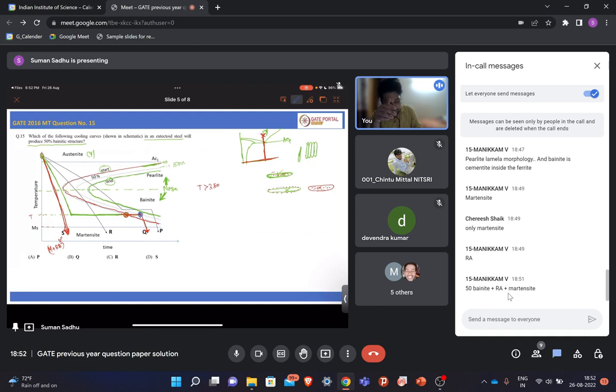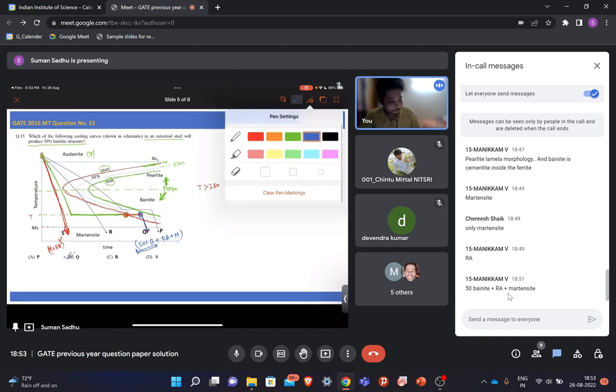Now when we are quenching it, some parts of this retained austenite will transform into martensite, or there might be some percentage of the retained austenite that may be left. So the final microstructure will be 50% bainite plus retained austenite plus martensite, right? So we got our answer, by the way, that is 50% bainite, that the Q cooling curve will form.